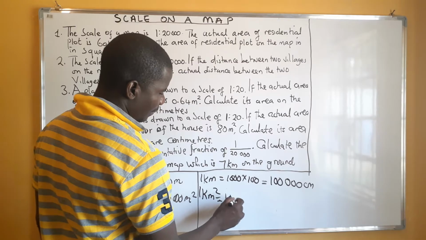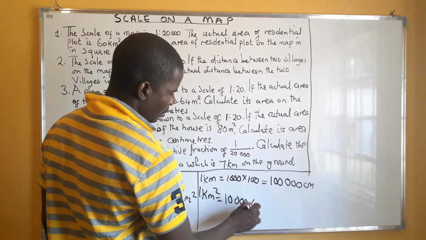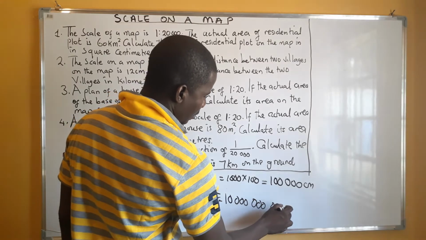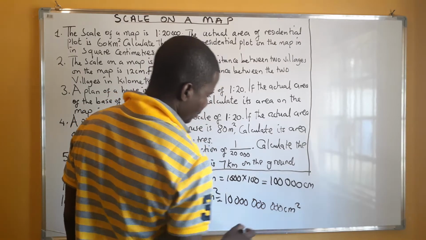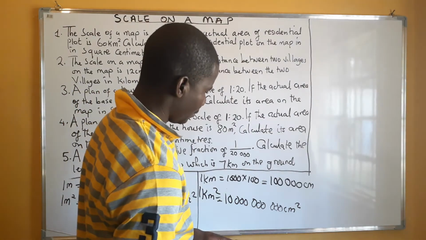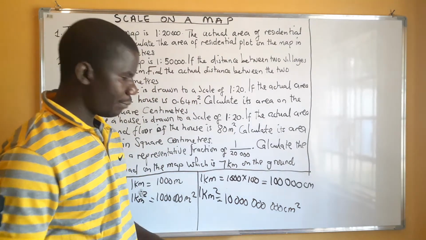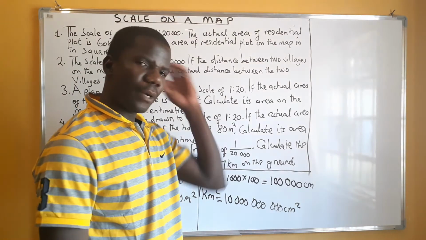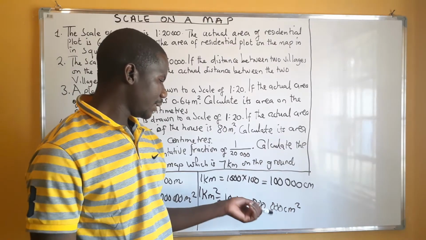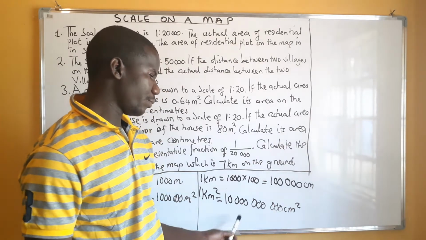So this is going to give us 10 billion centimeters squared. So when you square 1 kilometer, then equating it to centimeters, this is what we get.